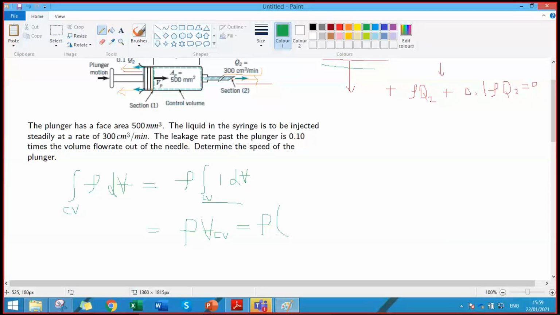Yes, sir. So we can write it as volume of needle plus volume of cylinder. क्या होगी जी? Any idea about volume of cylinder क्या होगी? किस तरह लिखेंगे?